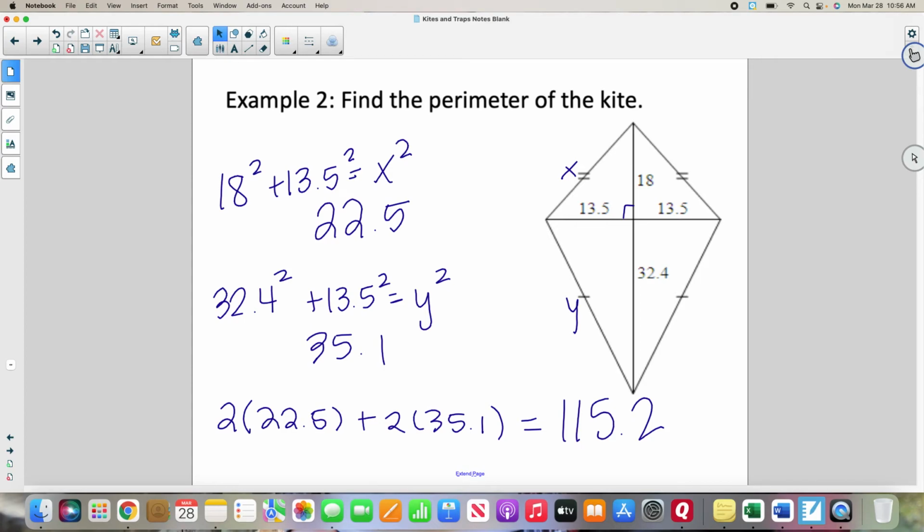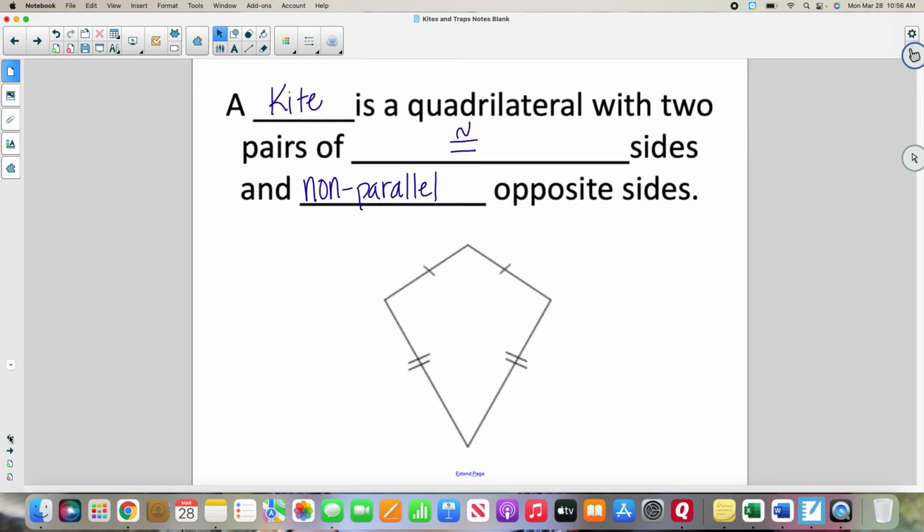Once you write that down, go back to the very first picture of the kite, where it says a kite is a quadrilateral with two pairs of congruent sides. We put this in our other notes, but I want to have it here too. Draw your diagonals.